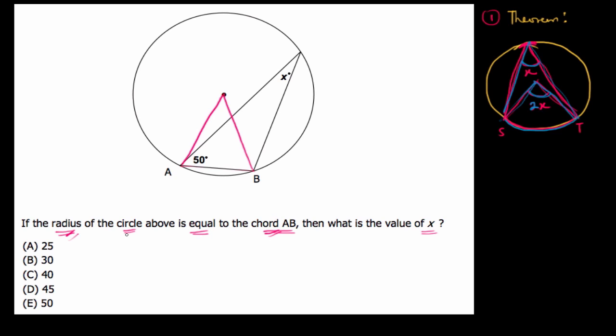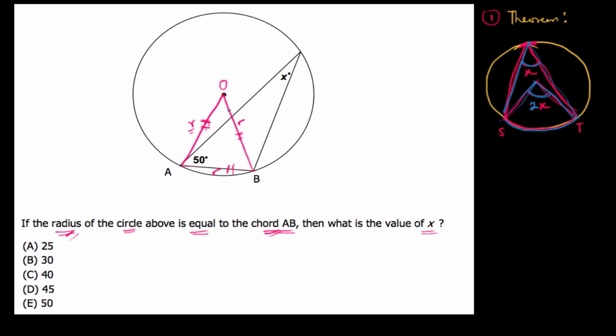I've been told that the radius of the circle equals the chord AB. So if the radius is R, then AB also equals R. You recall that this whole place here is a triangle. If this is O, then OAB is a triangle with all its sides equal.